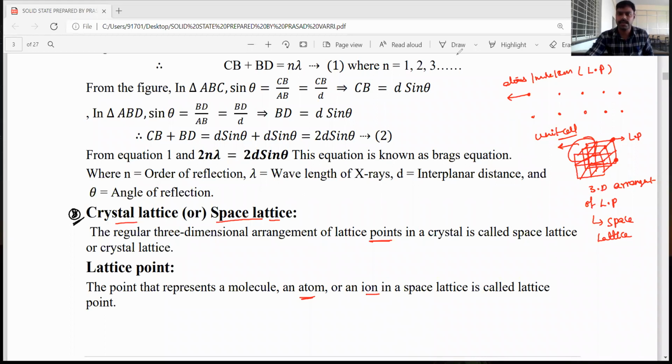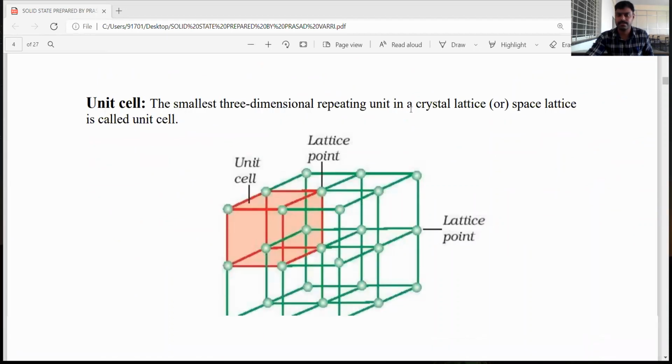Okay, dear students, let's listen: what is a unit cell? A unit cell is the three-dimensional smallest repeating portion in the space lattice or crystal lattice. Just see the structure, dear students. These points are repeatedly arranged in a 3D manner.